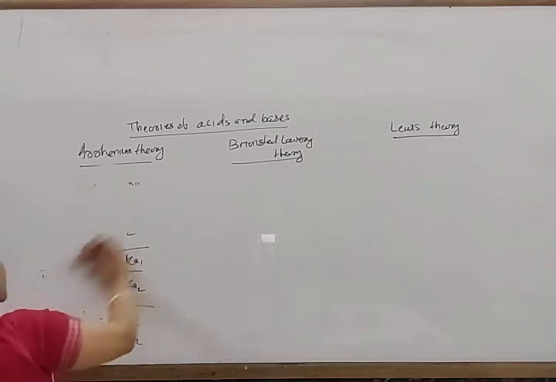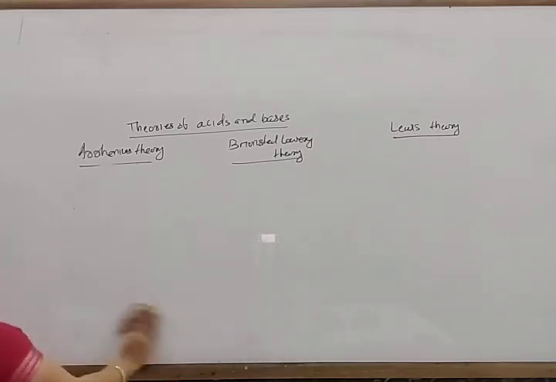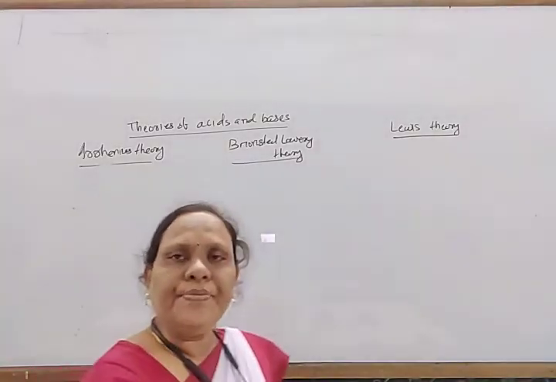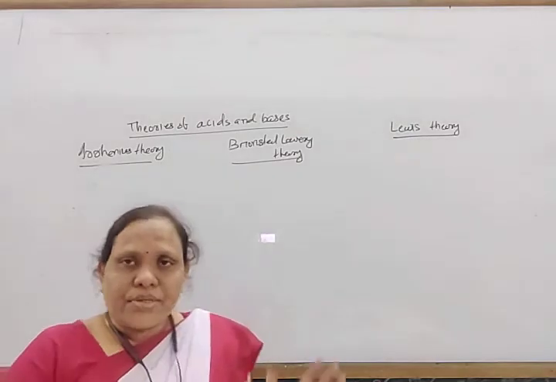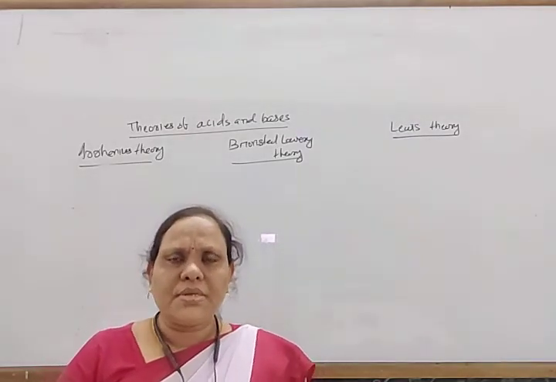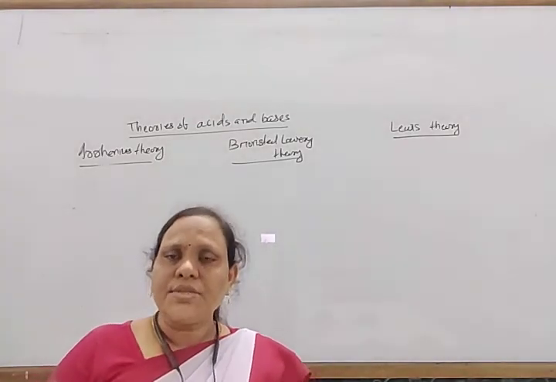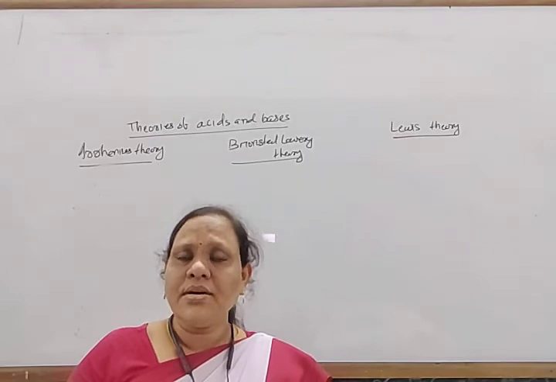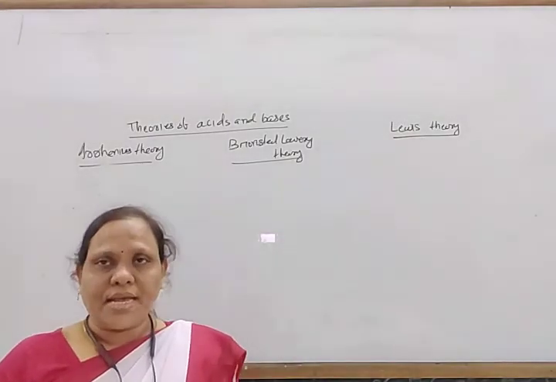According to Bronsted-Lowry theory, an acid is a substance which gives H plus ion in aqueous or non-aqueous medium. Actually in aqueous medium; in some non-aqueous media also, in some cases it gives H plus ion. So in general, an acid is a substance which can give H plus ion, and a base is a substance which can receive H plus ion.